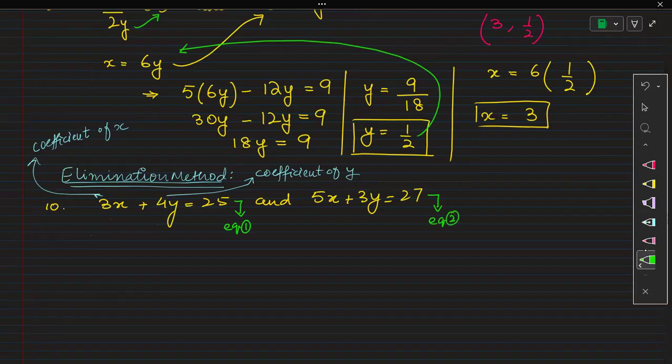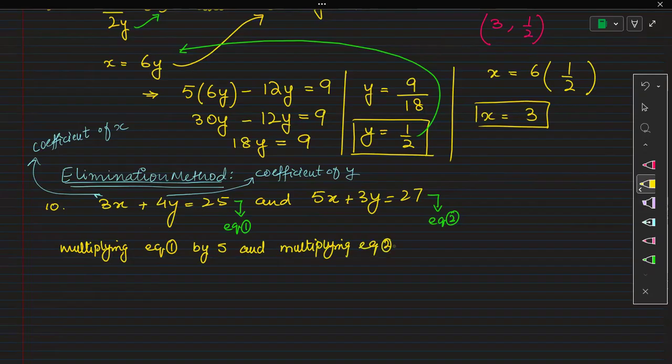Now, multiplying equation one by five and multiplying equation two by three.